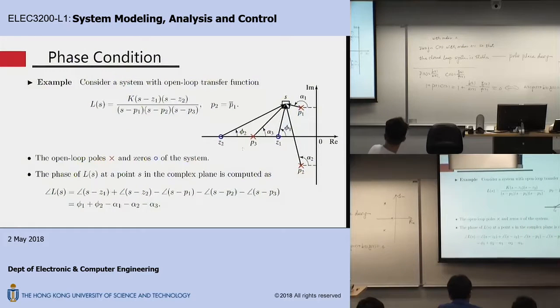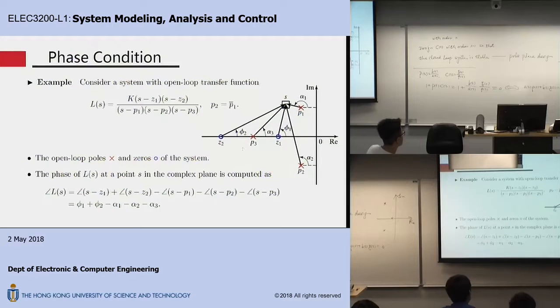Then you get the phase of this guy. Now, you know that this S is in the root locus if and only if this is an odd number times 180 degrees. If you compute and it's not 180 degrees or an odd number times 180 degrees, you say this S is not in the root locus.